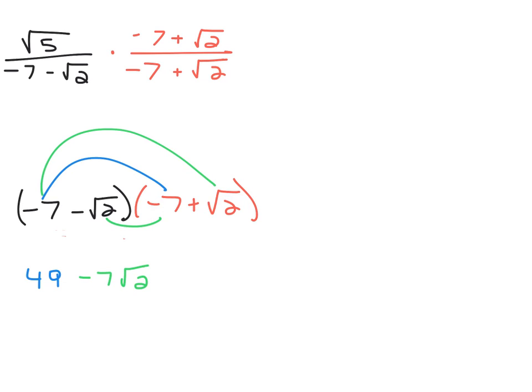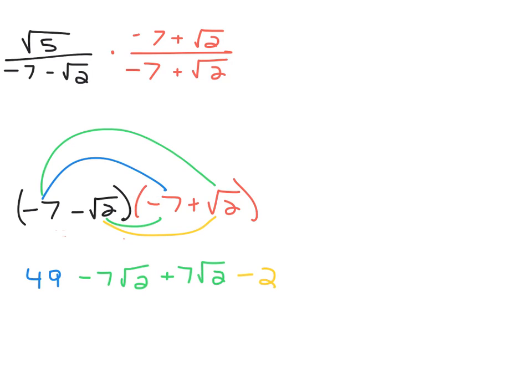And inner, right here, because it's negative times negative, we get positive 7 root 2. As you can see, those are exact opposites. And then last, we've got negative root 2 times positive root 2, and negative times positive is negative. And what we've got there is root 2 times root 2 is just 2.